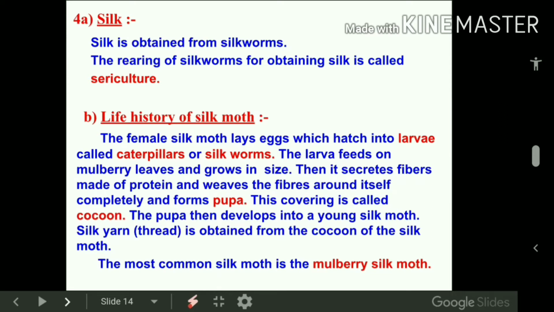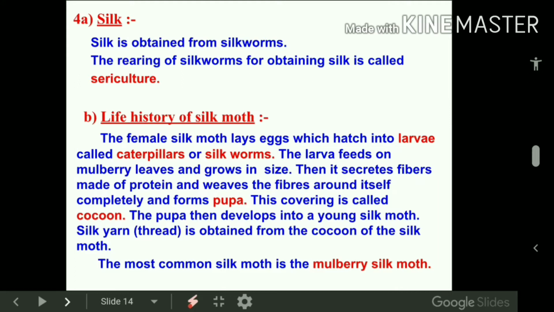The female silk moth lays eggs which hatch into larvae called caterpillars or silkworms. The larva feeds on mulberry leaves and grows in size. Then it secretes fiber made of protein.